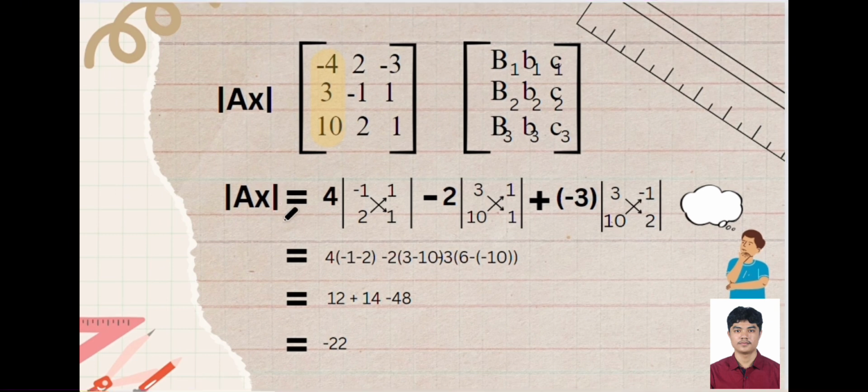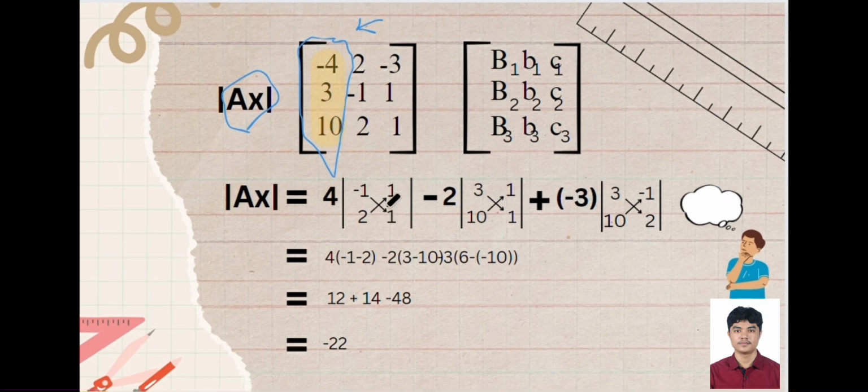And next, we need to find the determinant of AX. The meaning of determinant of AX is we replace the first column of the coefficients with the answers of the linear equations, which are negative 4, 3 and 10.